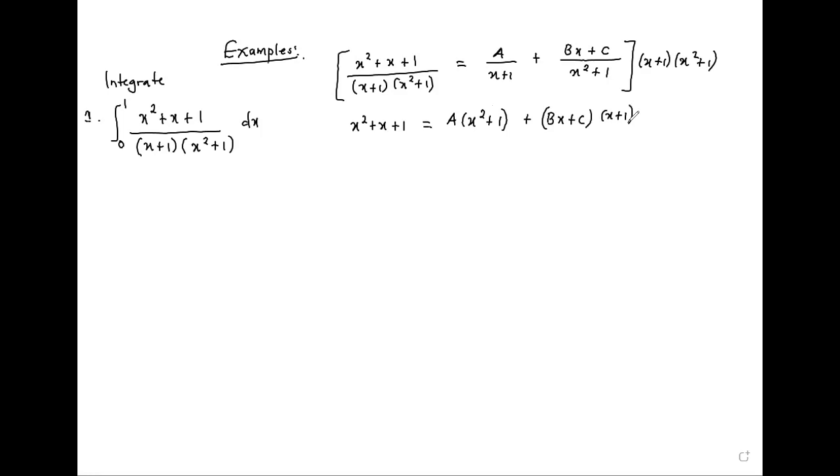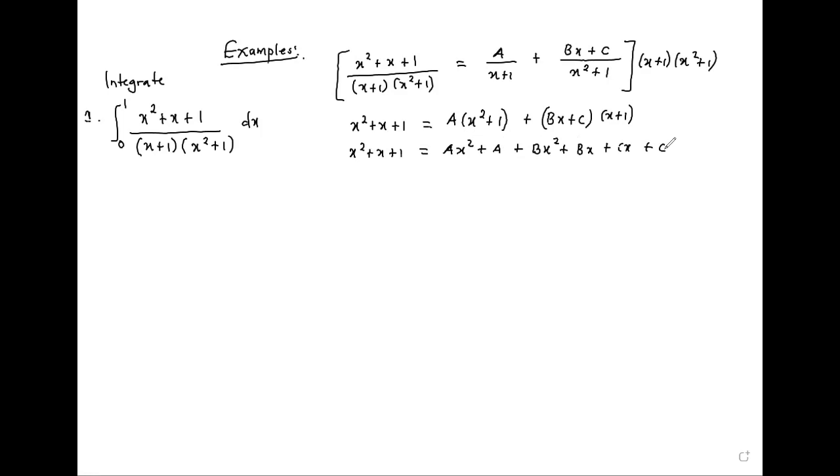Then we expand, so we have x squared plus x plus 1 is equal to Ax squared plus A plus Bx squared plus Bx plus Cx plus C.